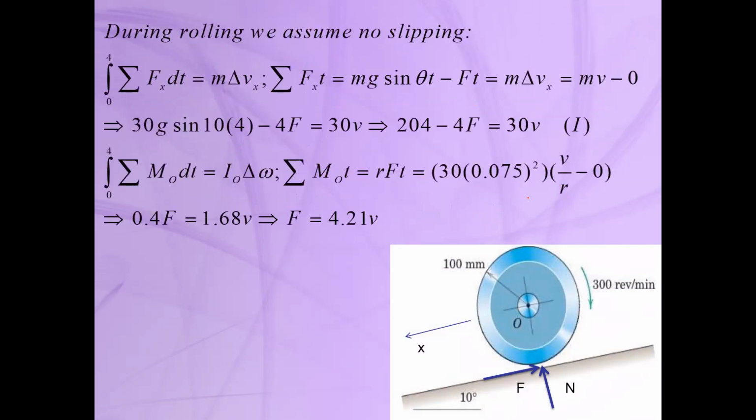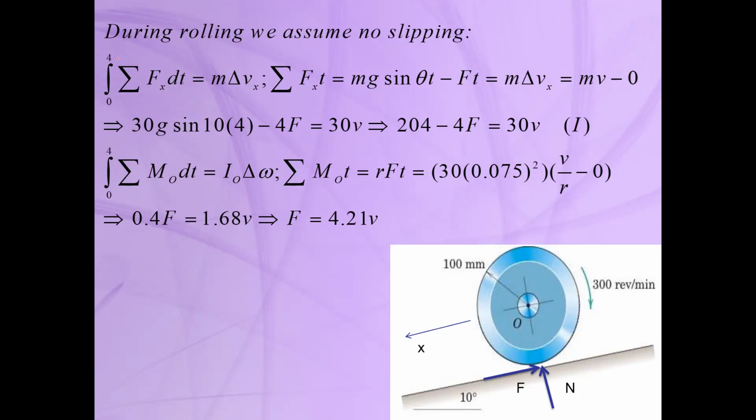Now we need to obtain the velocity after 4 seconds. So we can write the force equation, impulse and momentum equation. After starting the motion of the wheel on this incline, we will have two options.